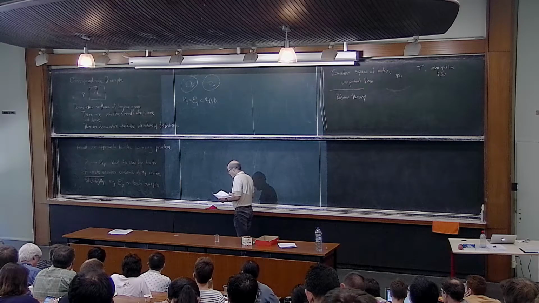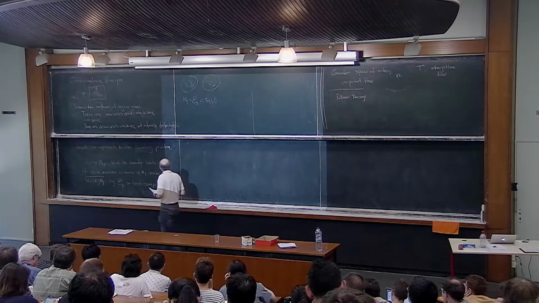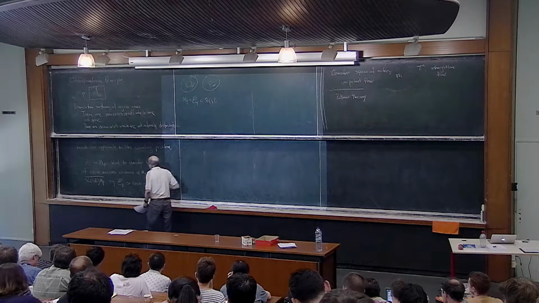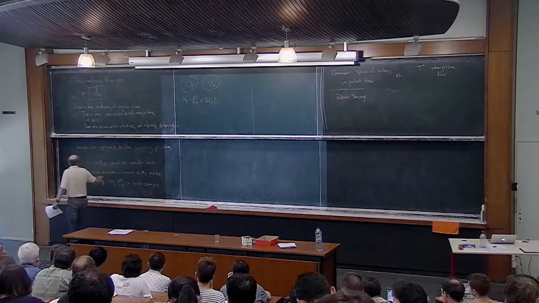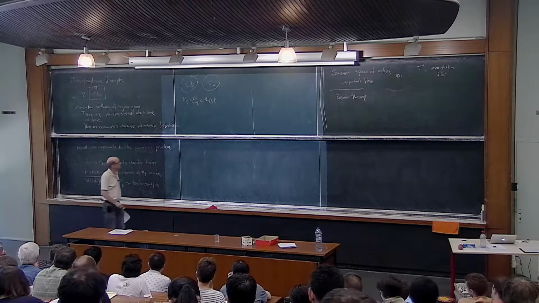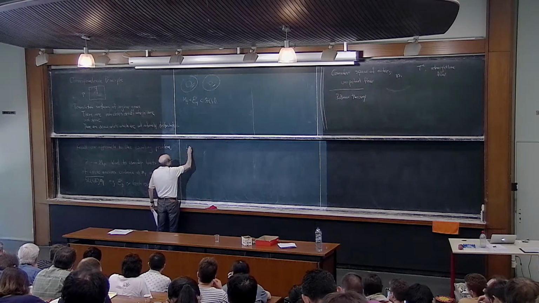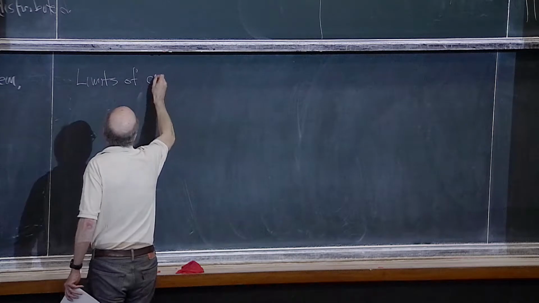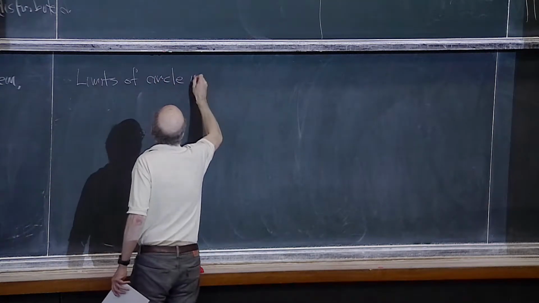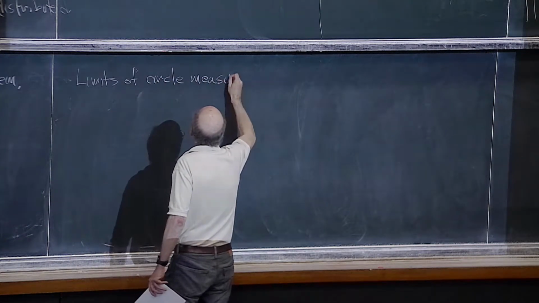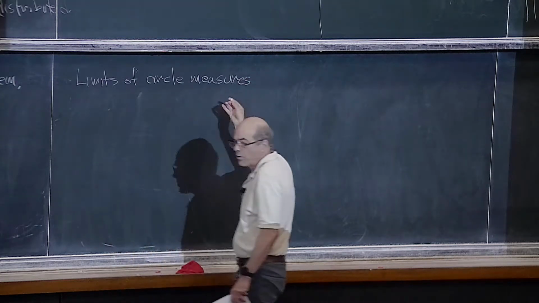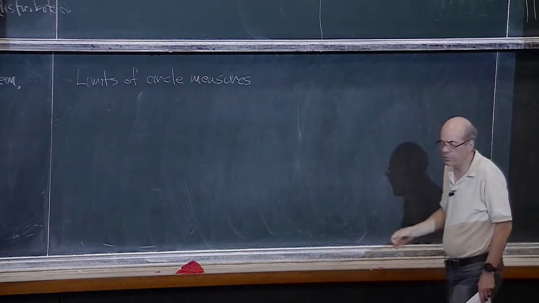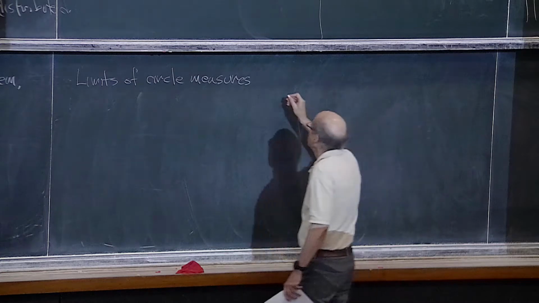So Barak showed that the limits of these circle measures, well, we don't know what the limits are, but we know they are horocycle invariant.